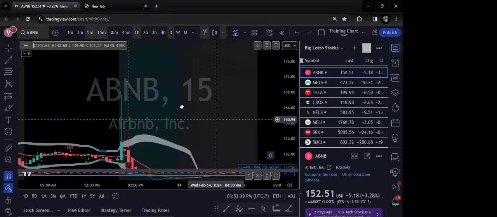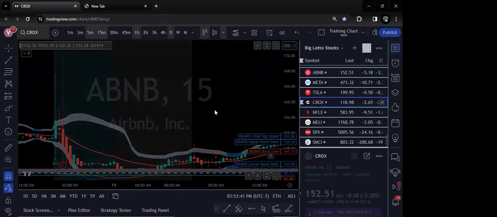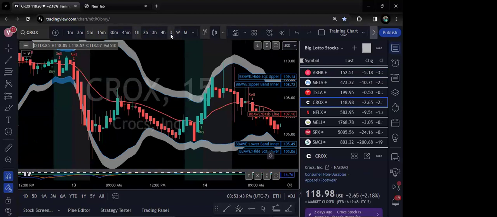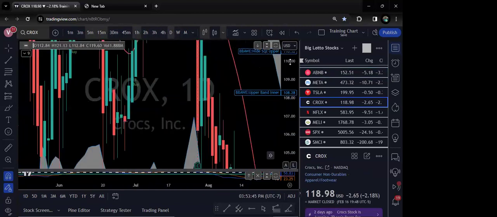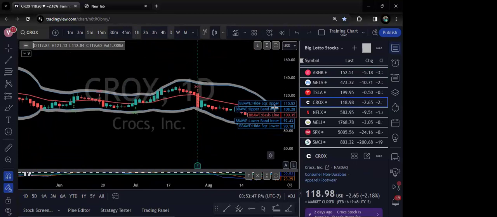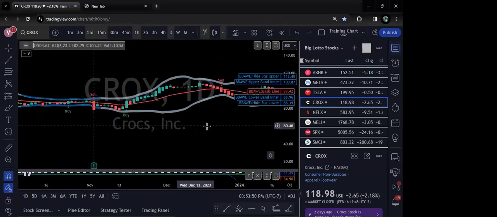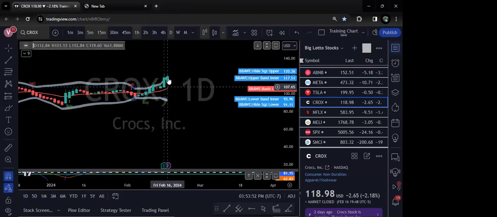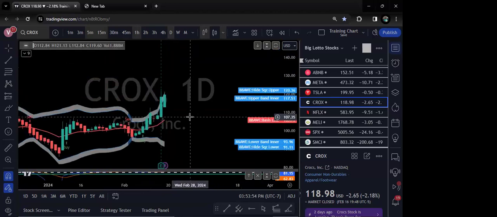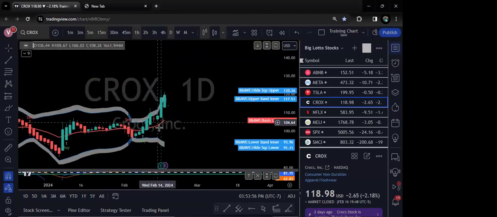So ABNB has that wide range candle. You're stalking that stock because whichever side it goes, it will give you a range. It has to break this, go up, down 107, it's on 118.